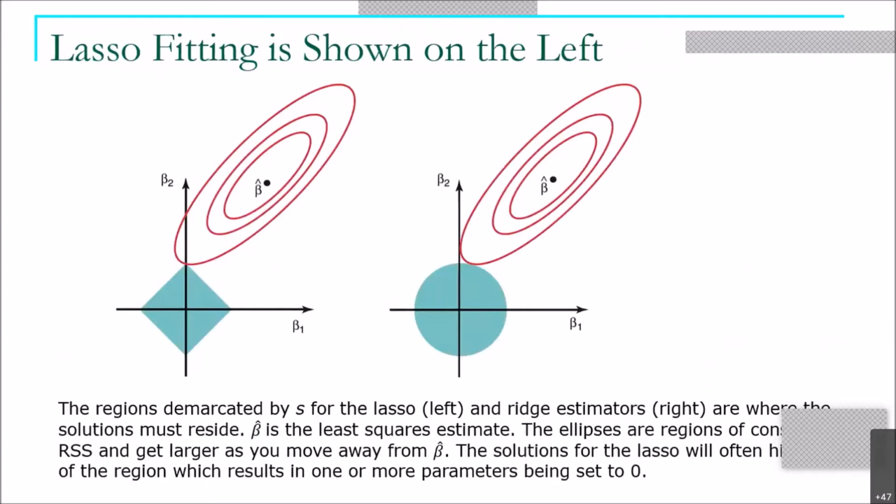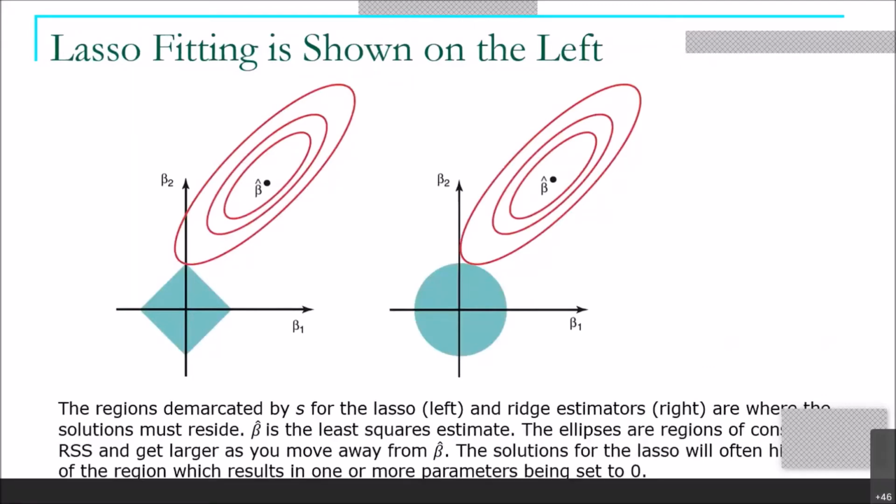On the right, we have an example of a ridge regression machine learning, where we're just dealing with a 2-parameter space. Of course, this is standing in for n dimensions.